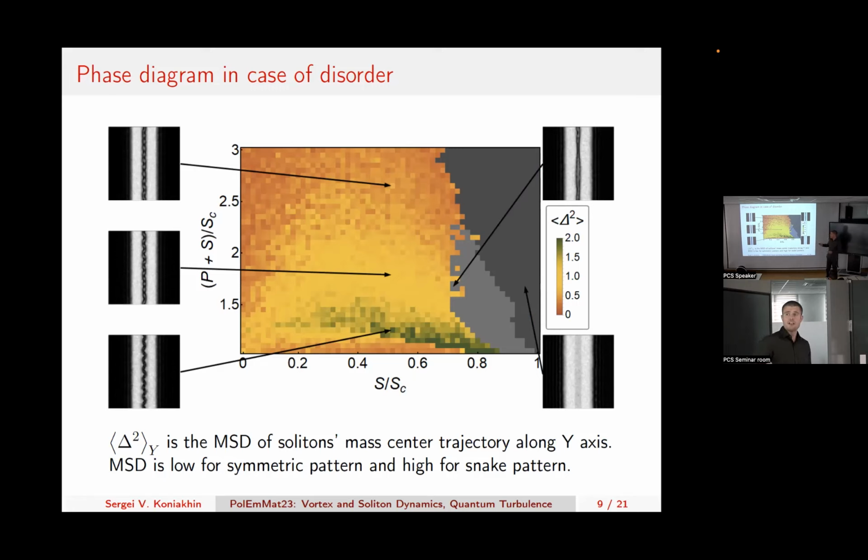And this phase diagram matches very well with the previously shown phase diagram based on the Bogoliubov-de Gennes equation, where we can observe antisymmetric snake-like patterns with high values of the soliton center of mass deviation from the center, and the symmetric configurations correspond to nearly zero value of the center of mass of the solitons.